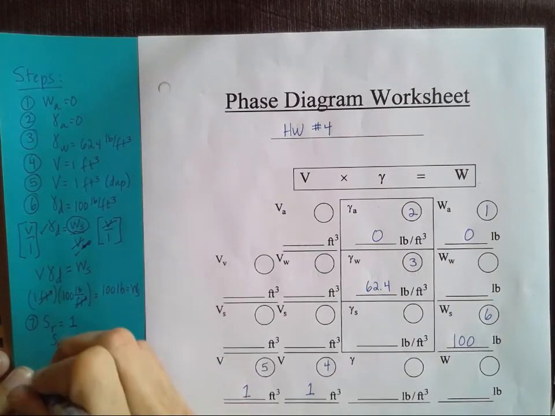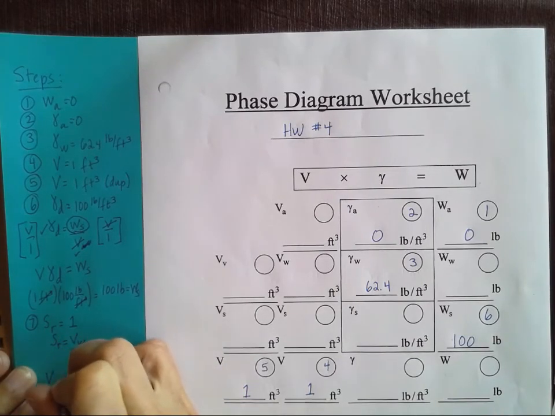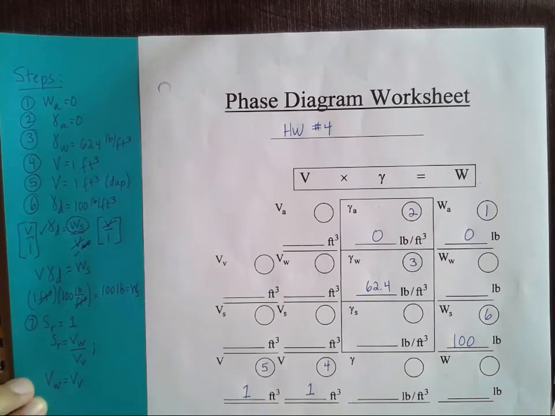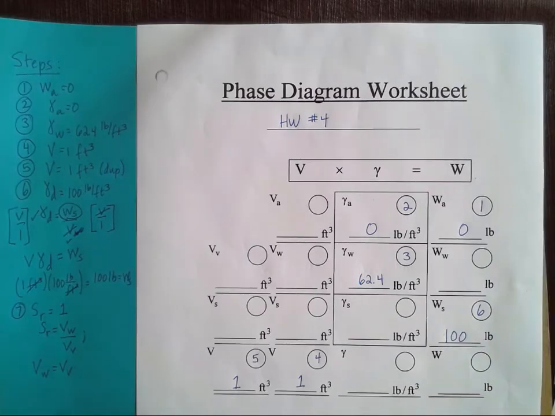Okay, so in this case, and we talked about that a little bit in class, if it's totally saturated, every void is filled with water. So that's how that's going to work out. When we take a look up here, we know those two are going to be equal to each other.